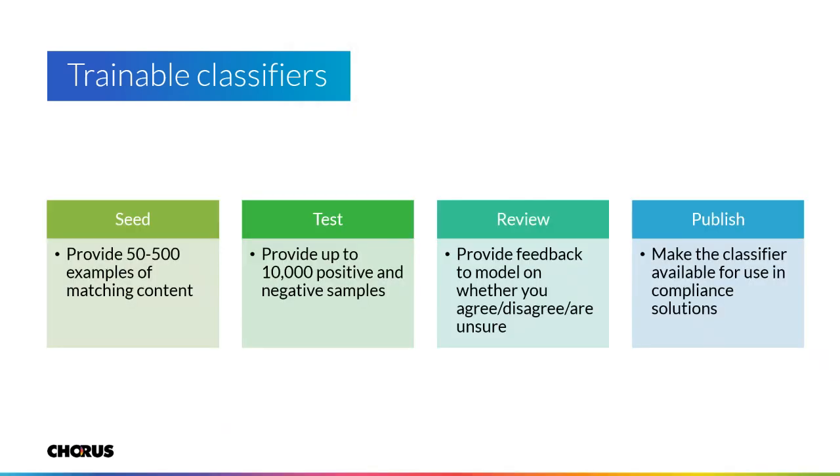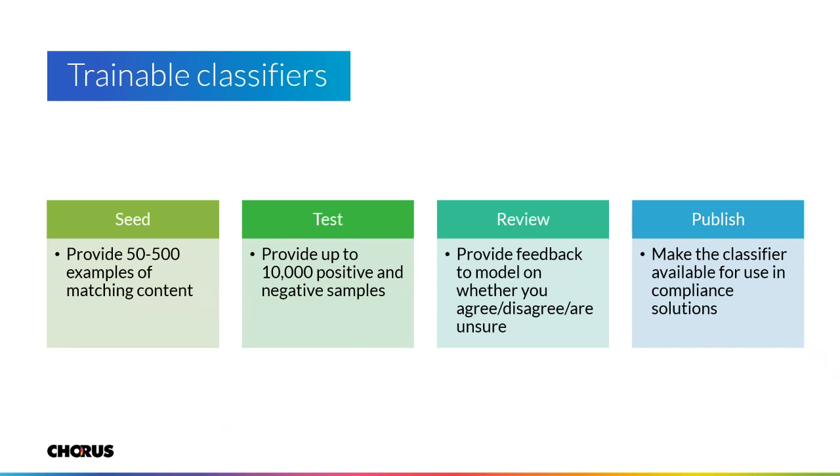And the way they work, it's really textbook machine learning. You start by giving it some content. So you take somewhere between 50 and 500 examples of content that matches your classification. So let's say it's an invoice, you give it up to 500 invoices. That allows it to build a model. You're then going to test that model by giving it up to 10,000 samples.